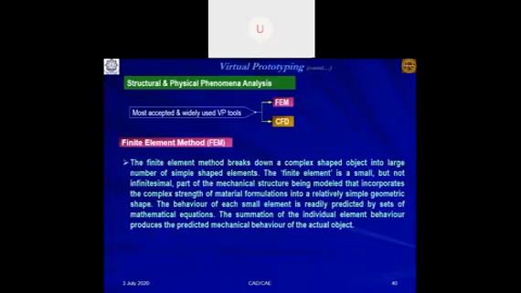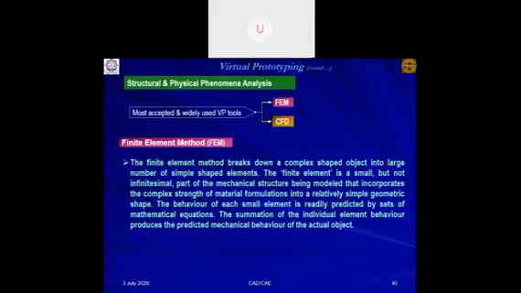It incorporates the complex strength of materials formulation or theory of elasticity formulation into relatively simple geometric shapes, and the behavior of each small element is readily predicted by a set of mathematical equations, and the assembly of such individual element behavior produces the predictive mechanical behavior of the actual object.